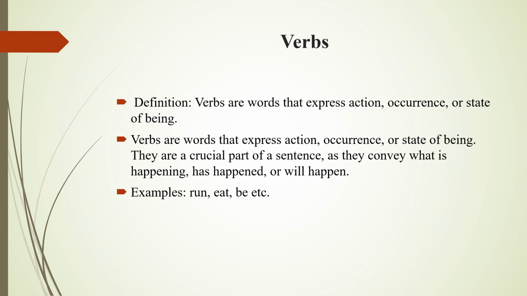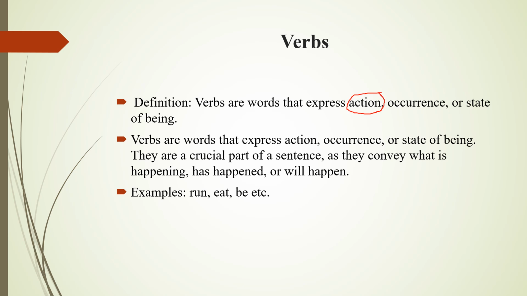Now the second parts of speech is verbs. So verbs are words that express action, occurrence or state of being. So what are verbs? Verbs are those words that express certain action. Suppose I say walk.